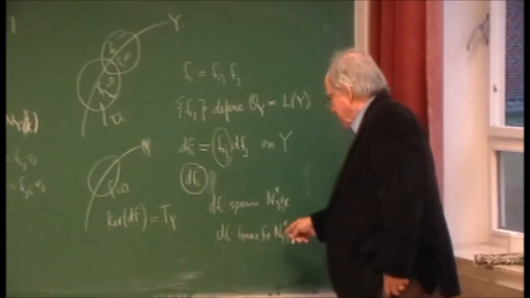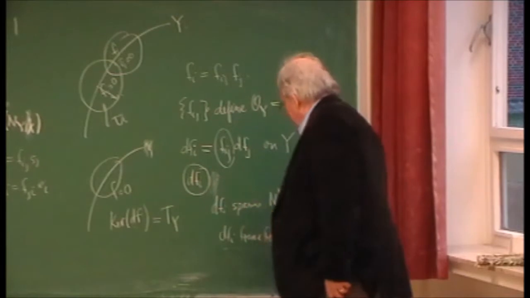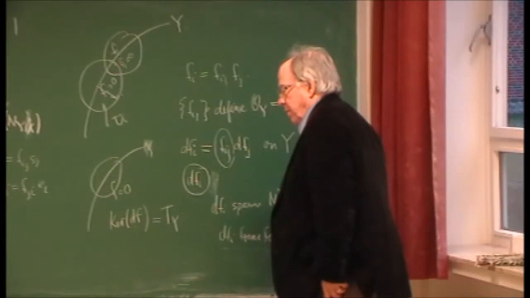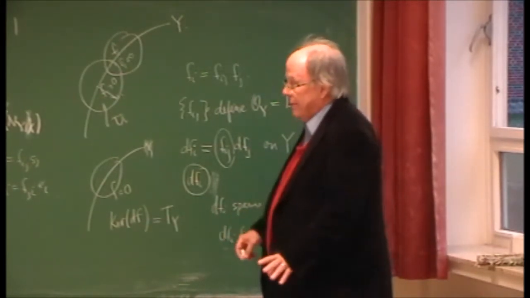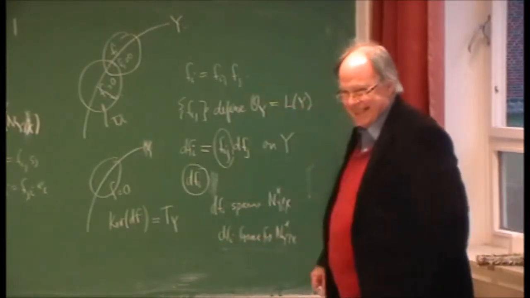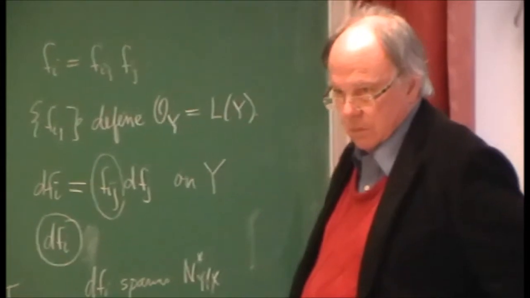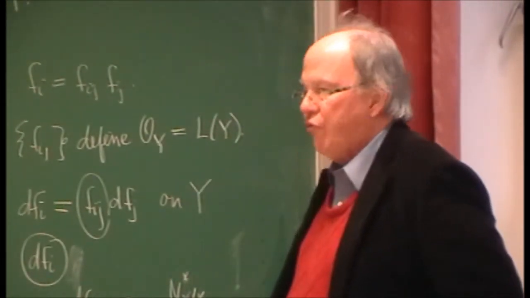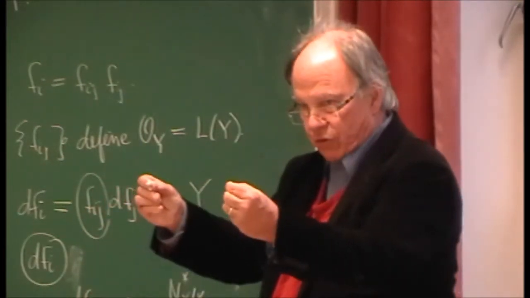So therefore the sections of the dual bundle transform. I don't know. Let me try to say it again. The frame for the dual bundle. Okay. No. The frame and the sections transform the same way. The coordinate transforms opposite.